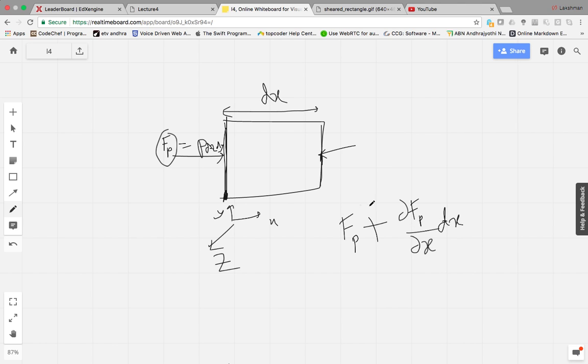So this is the value of force at this particular location, which is dx away from the origin. Basically at the origin the value is Fp, at dx it is Fp plus del F by del x multiplied by dx. This is not the exact value, by the way.